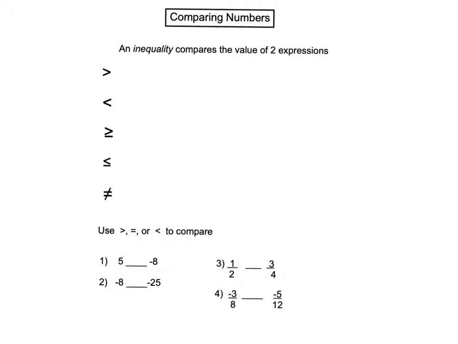Earlier we were talking about how comparing numbers was really important, and we just did that when we ordered them, but we can use these inequality symbols to help us compare numbers as well. So we will write down the definitions of each of these symbols. The first one, I know sometimes it's hard to know which one that is. That happens to be the greater than symbol.